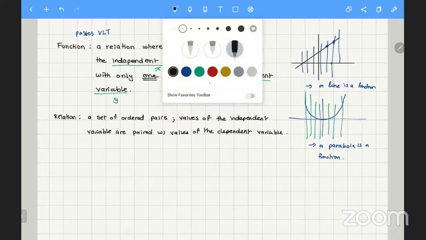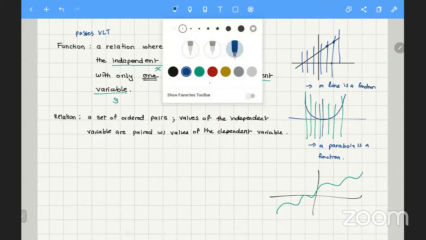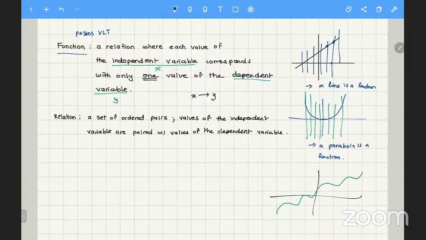How about if the function looks like this? We're not talking about whether it's a curve or not. We're talking about the definition of a function. Yes, it's an example of a function.